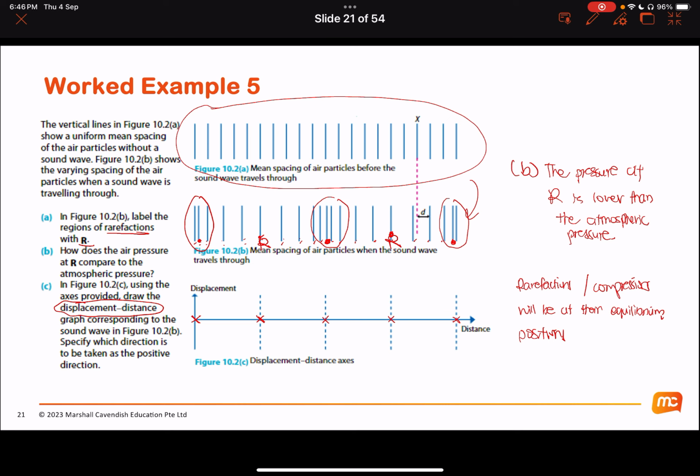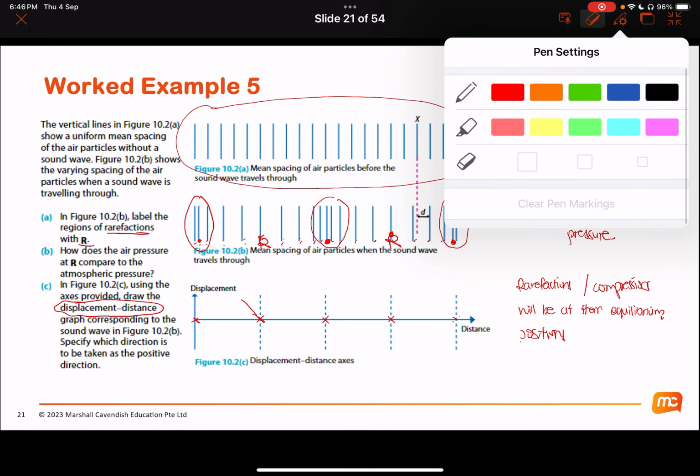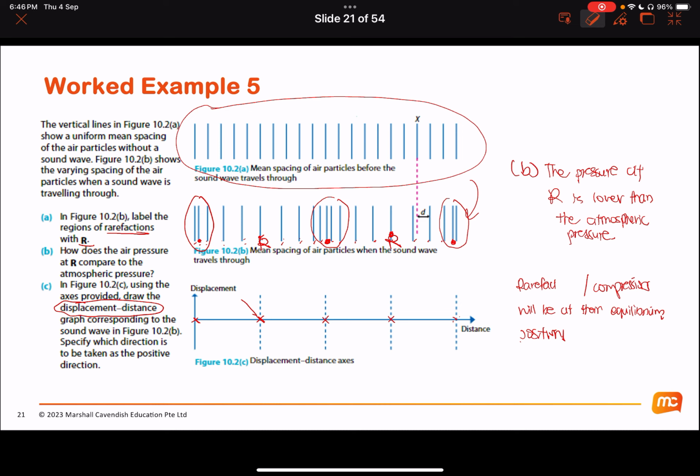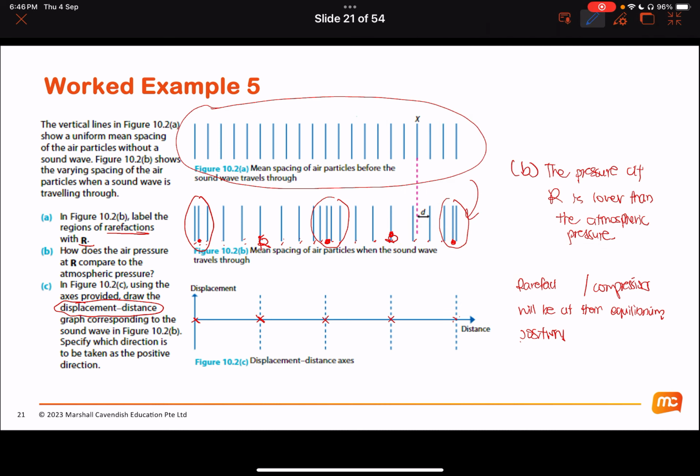All right, so again we use the method just now. Now we have to determine whether, for different parts of the graph, it is a positive displacement or a negative displacement. Let's say for this part, the compression. The particles on the right-hand side, how are they moving?